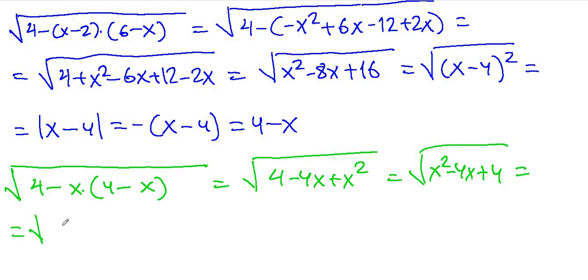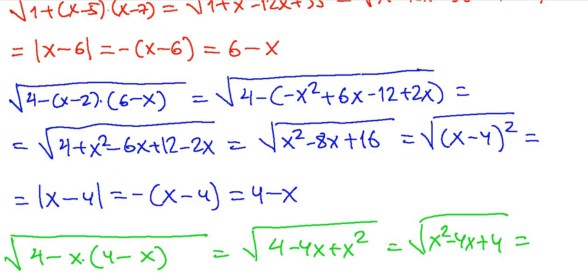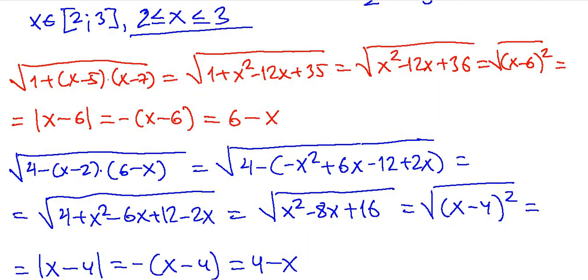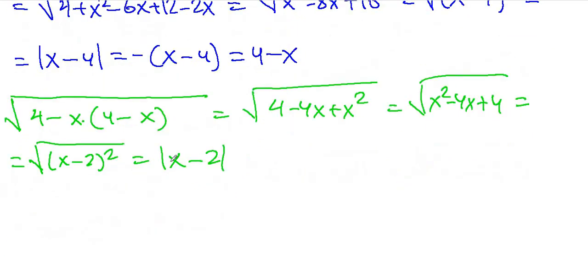This is equivalent to (x minus 2) to the power of 2, and this one is the absolute value of x minus 2. Now, as you can see, we have to open this absolute value bracket again by using our domain. Here I'm going to choose again 2.5, and we see that 2.5 minus 2 is a positive number, so therefore this one is simply x minus 2.